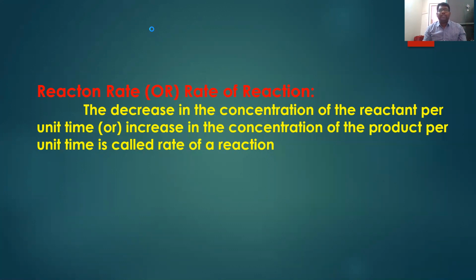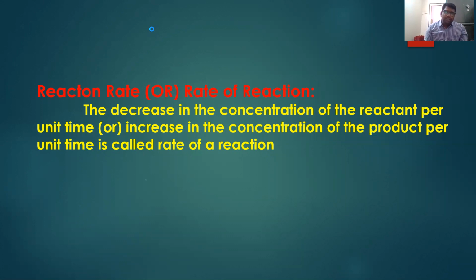So here, students, reaction rate means the decrease in the concentration of the reactant per unit time, or the increase in the concentration of the product per unit time, is called rate of reaction.